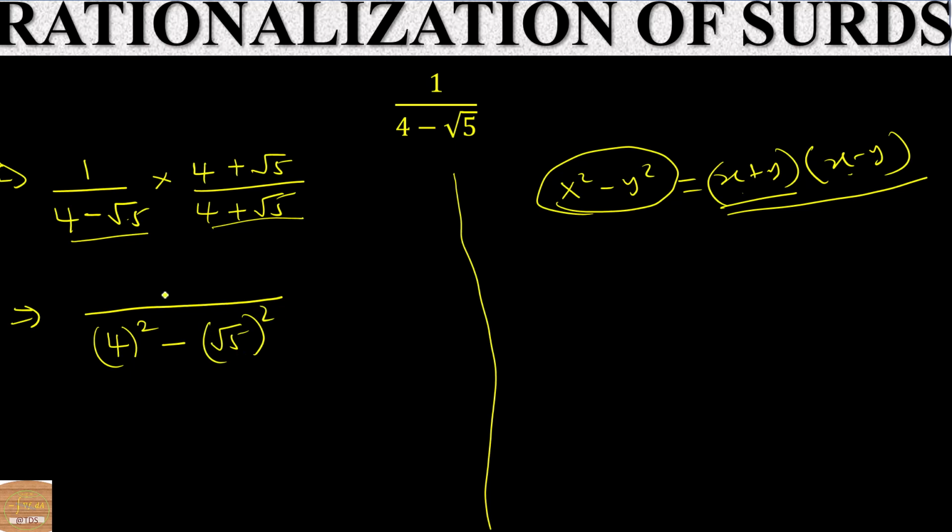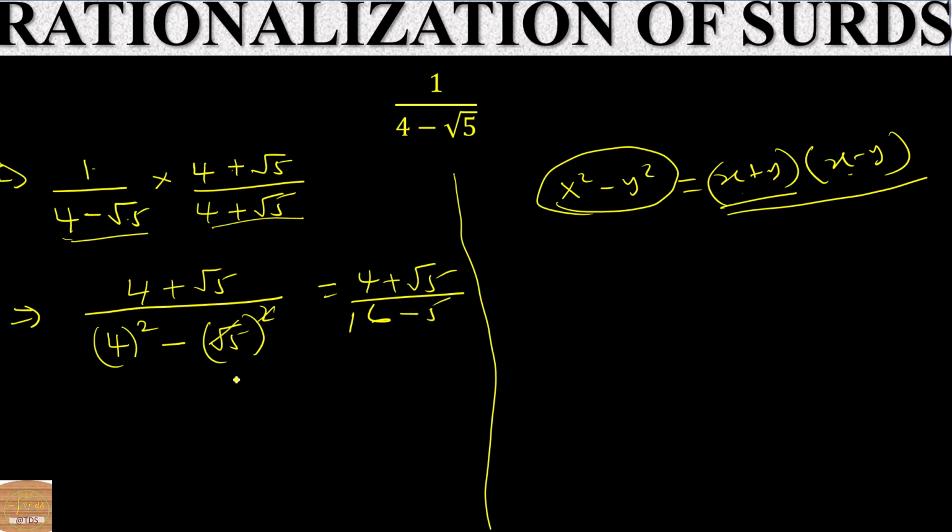Of course, if you use the multiplication process by taking this to multiply this minus root 5 times, you get the same thing. But I think that one will be a long process. So now the numerator, 1 times that. So we have 4 plus root 5. All right. So this one will be 16, and this will cancel, minus 5.